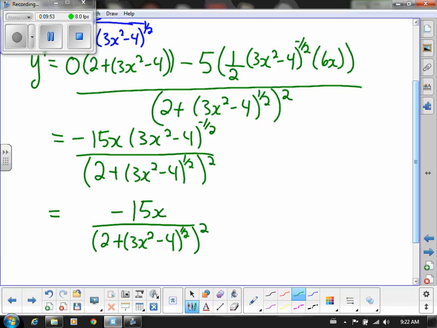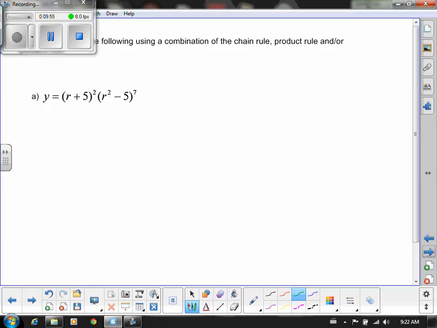All right, next example. So here, getting even more complicated, because now we have multiple exponents and two brackets. So your first cue, you see two things being multiplied, you need to go to the product rule. Then to execute the product rule, there's going to be some steps in between. So let's look at what's happening here.